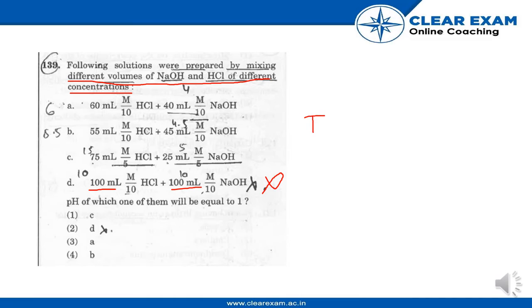As there is total volume equal to 100 ml. This is the total volume, 100 ml.